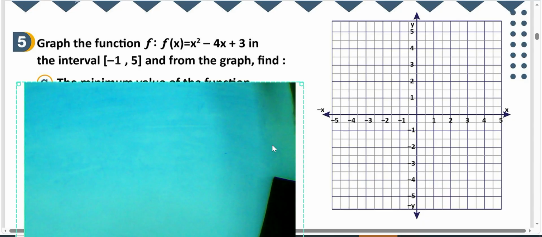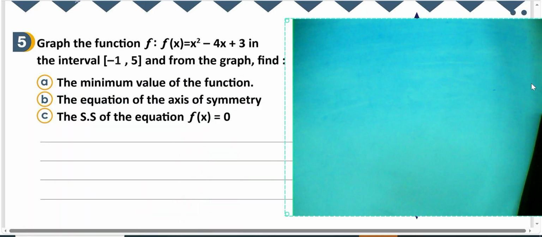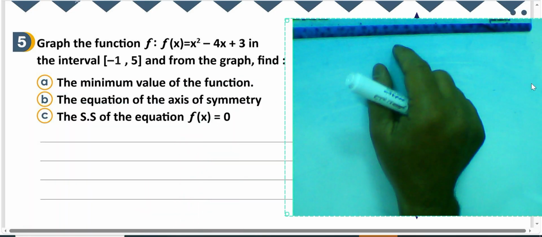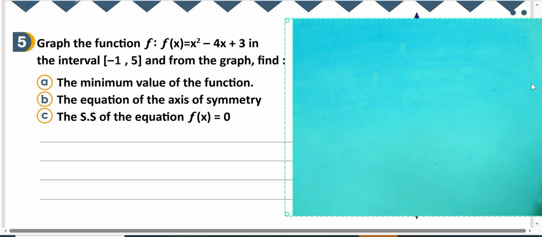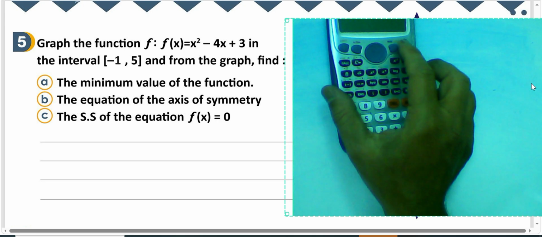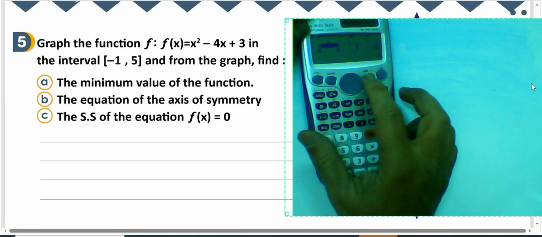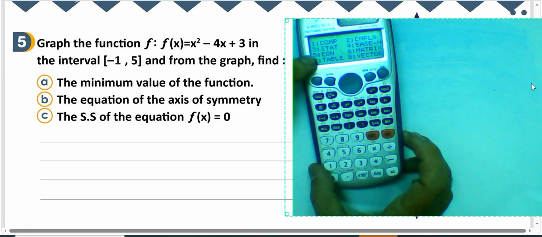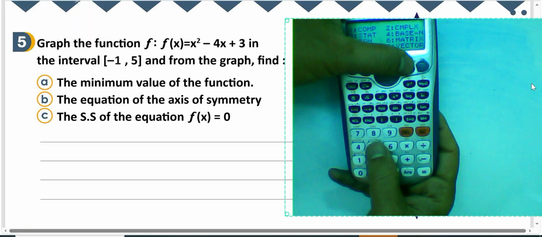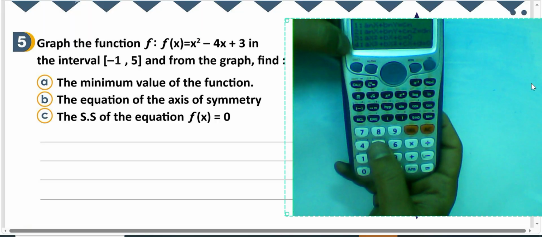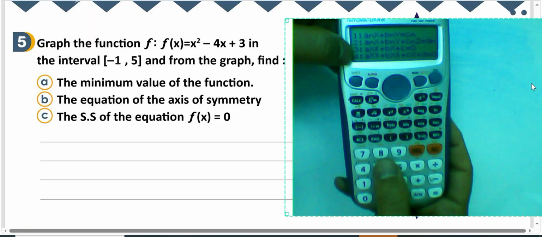Now graphically he wants to draw this function. Okay, first step, he gives you the example, the interval from negative 1 to 5. You can use the calculator to draw it. I will choose here mode and write 5, the equation option. Open the equation, and choose number 3.